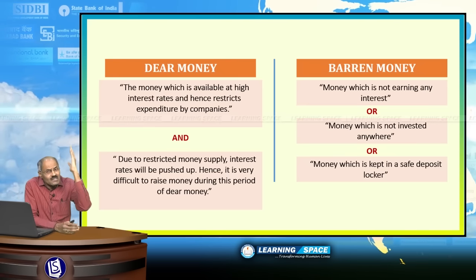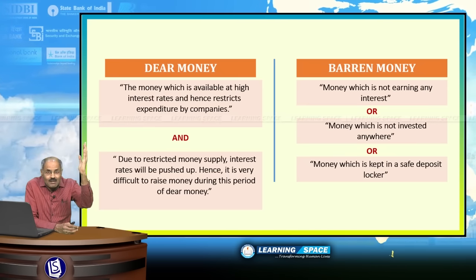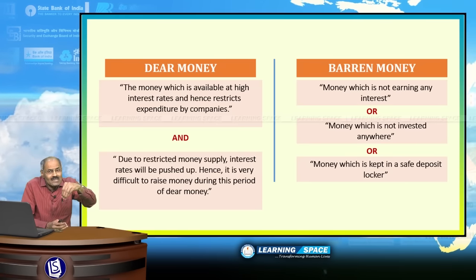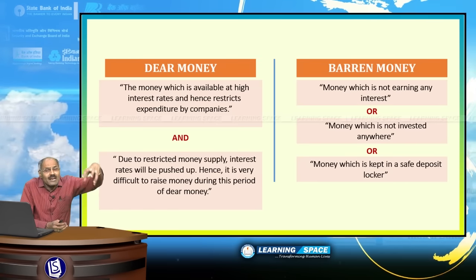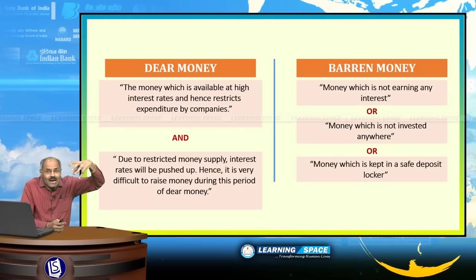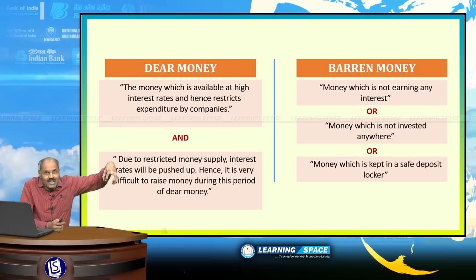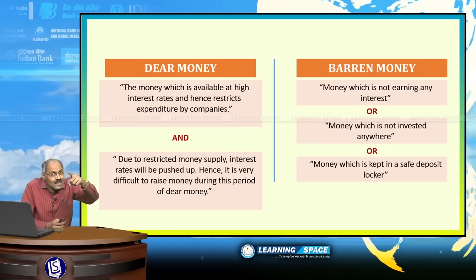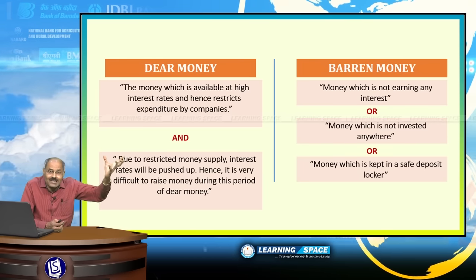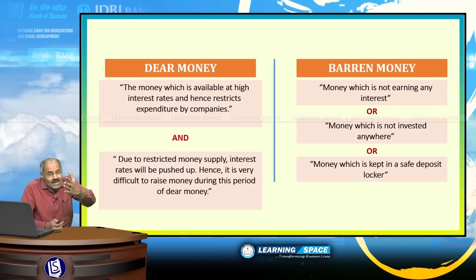Normally, interest rates will be on the higher side when the circulation of money is less. Under those circumstances, people will borrow at high interest rates, and that is not normally conducive for the economic growth of the country, and that is called dear money. Please don't forget, when someone borrows money at high interest rates, that is dear money.